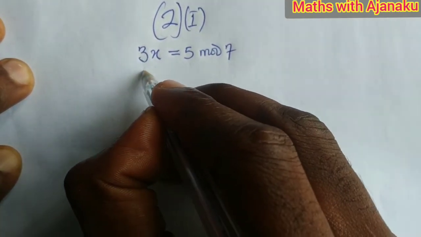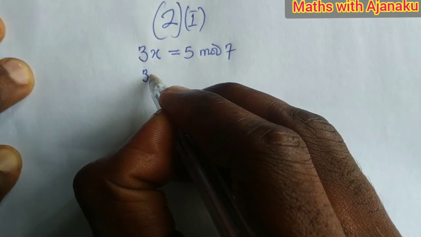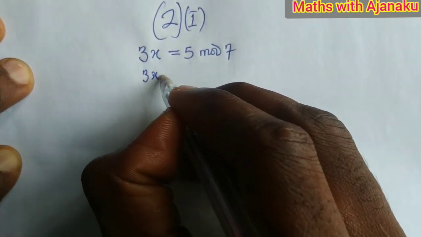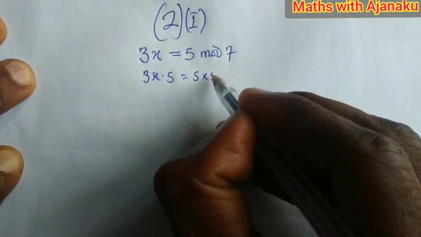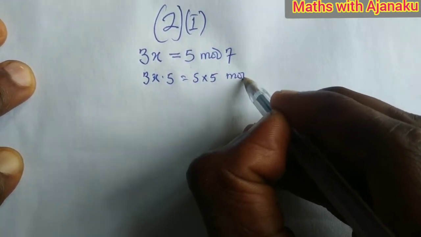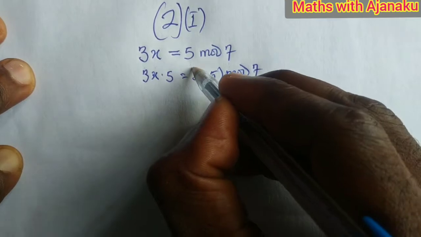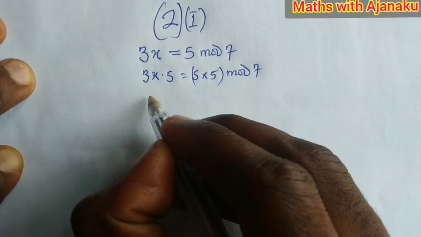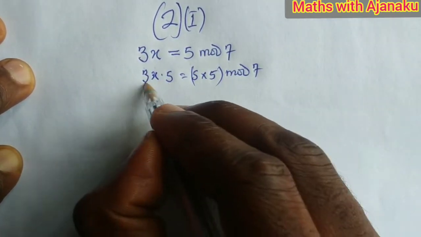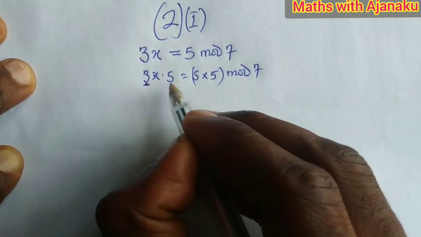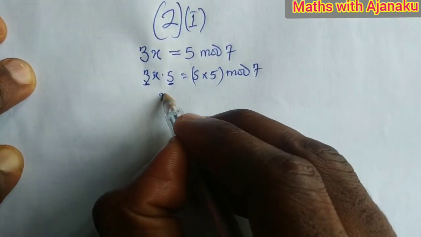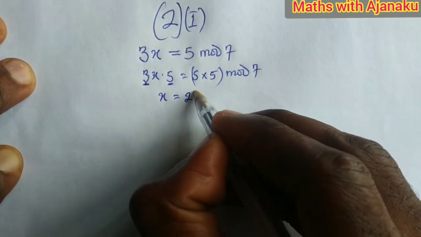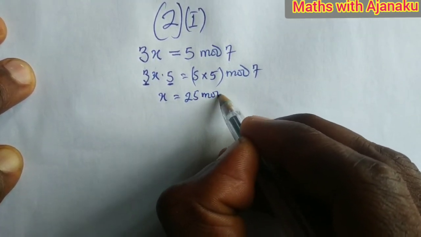That's 3x times 5 equal to 5 times 5 modulo 7. Since they are inverses of one another, this becomes x equal to 25 modulo 7.